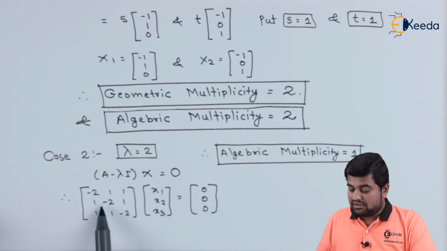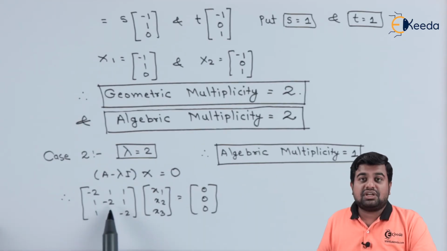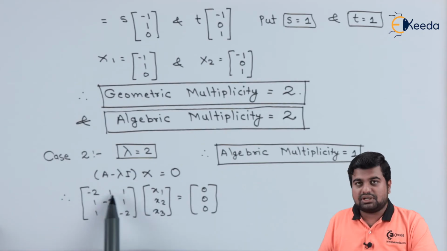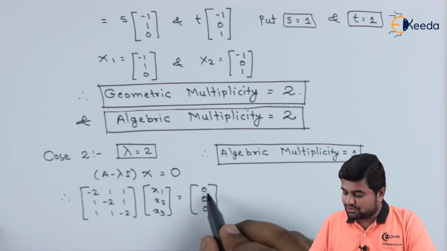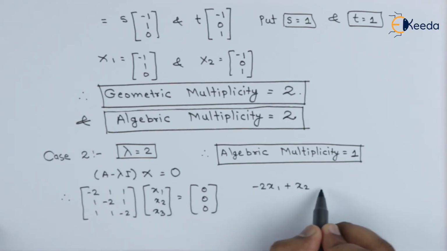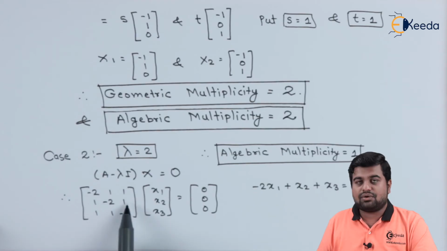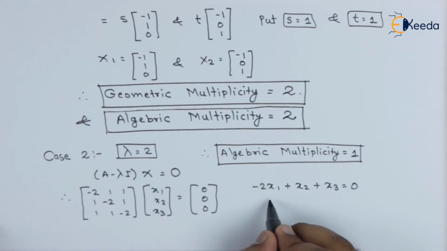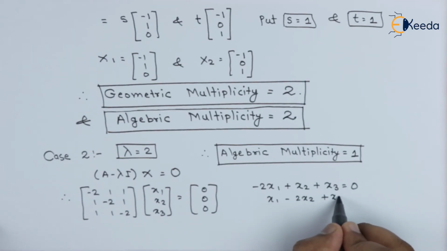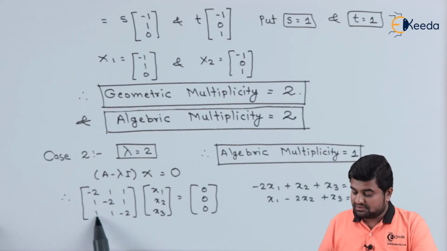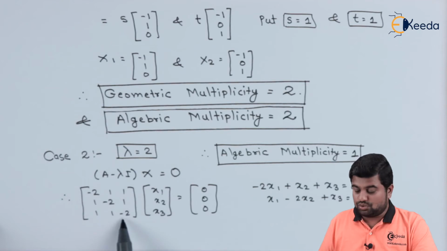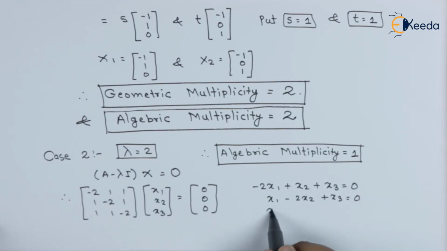Now it is giving birth to three equations. Minus 2x1 plus x2 plus x3 is equal to 0. Second row, x1 minus 2x2 plus x3. And the third one, x1 plus x2 minus 2x3 is equal to 0.